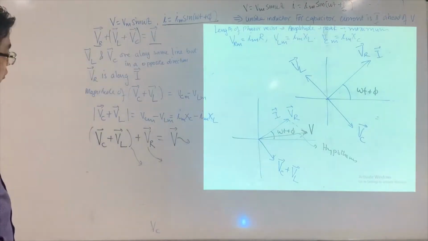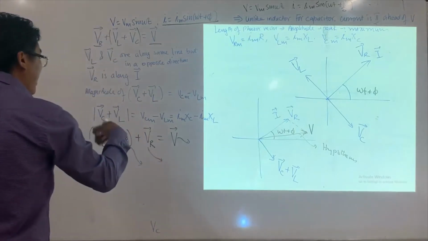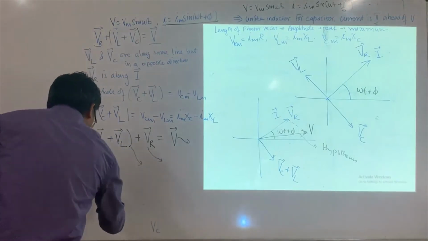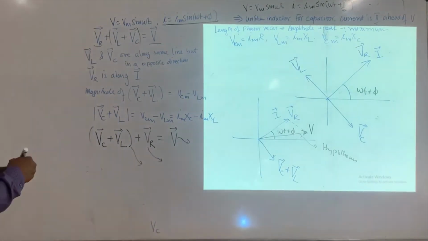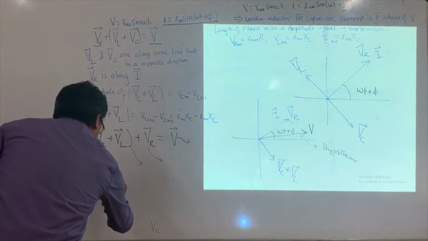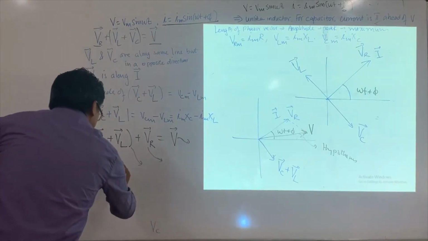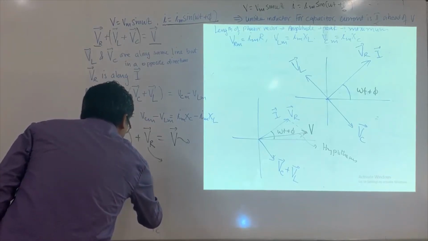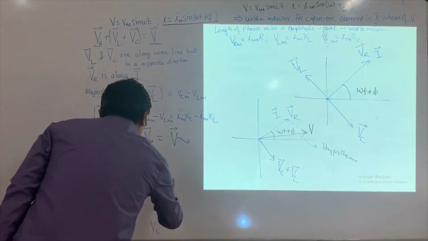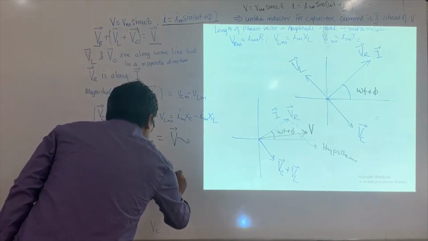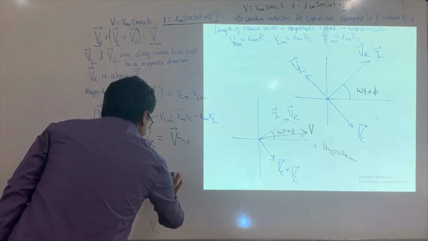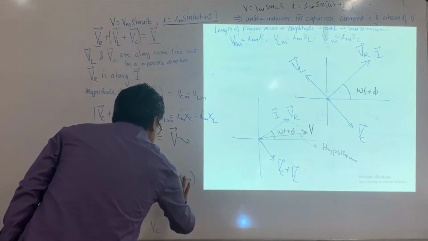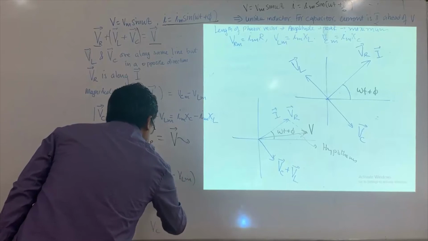So now using the Pythagorean theorem, the magnitude Vm squared is equal to VRm squared plus the difference of the magnitudes, VCm minus VLm, whole squared.